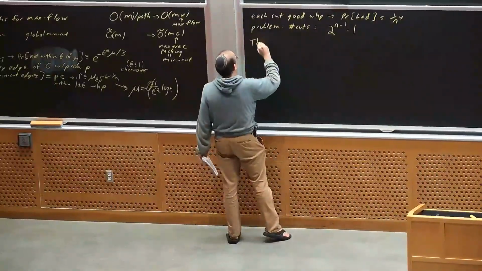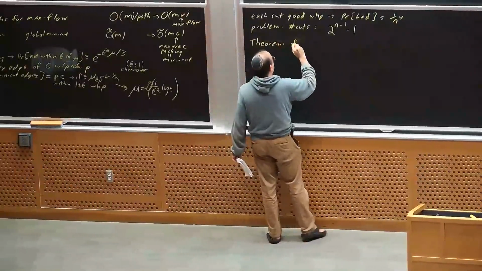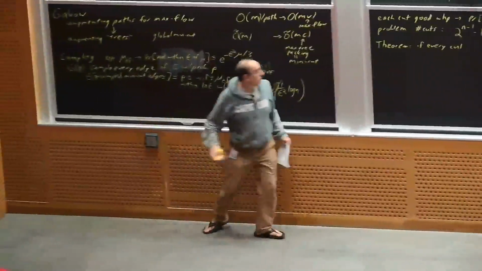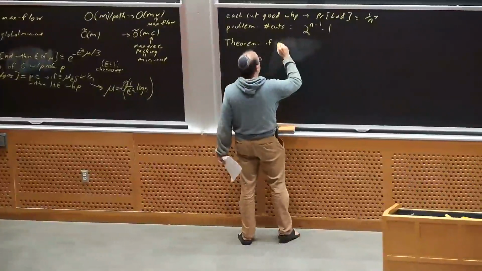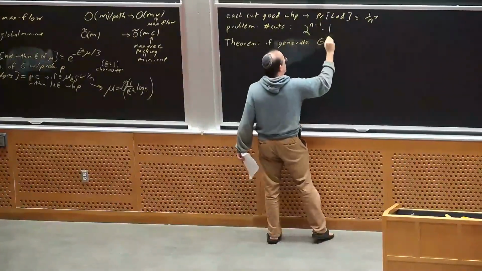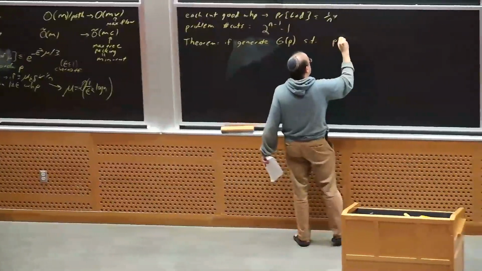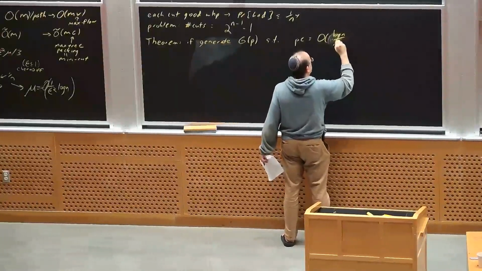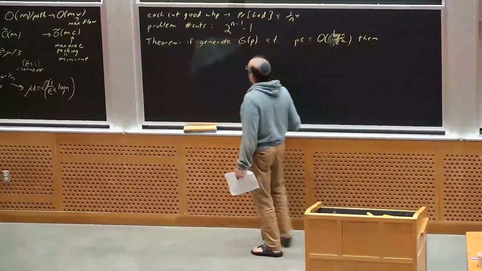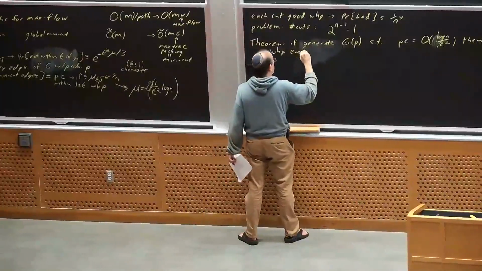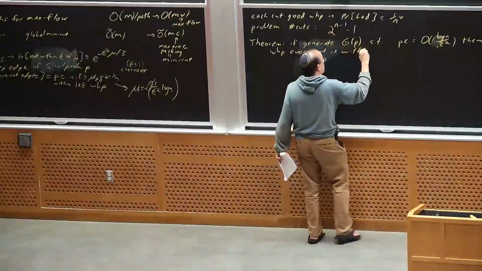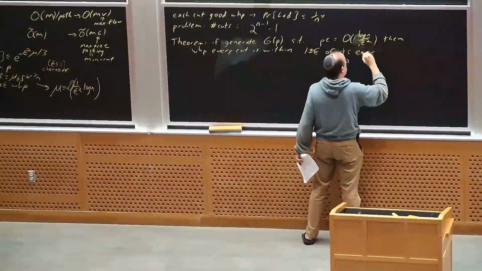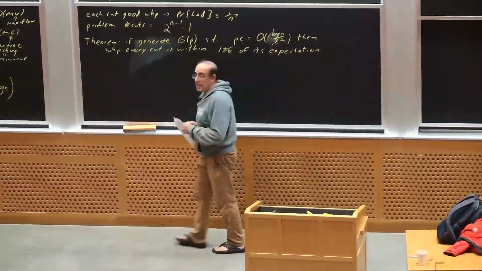So the theorem we're going to prove: if you generate G of p such that pc equals order log n over epsilon squared, then with high probability, every cut is within 1 plus or minus epsilon of its expectation.